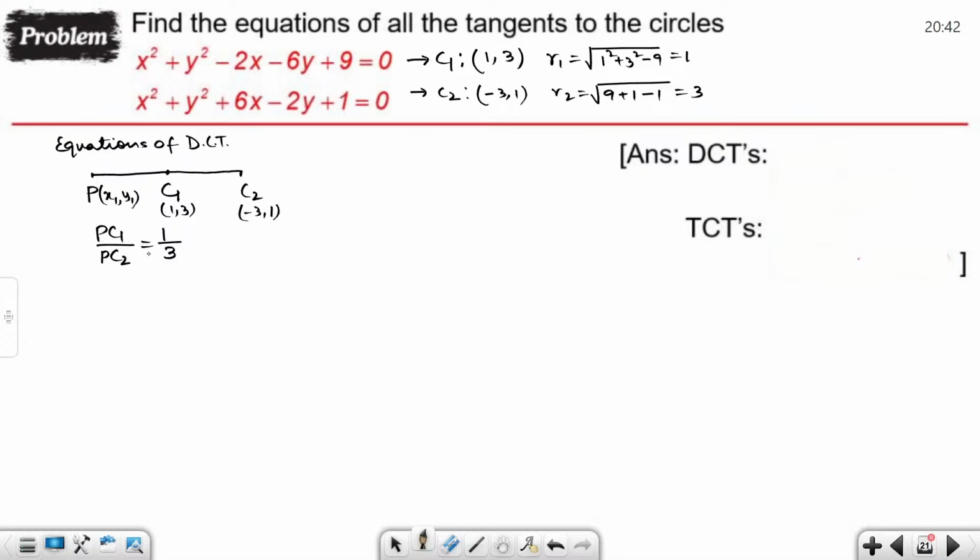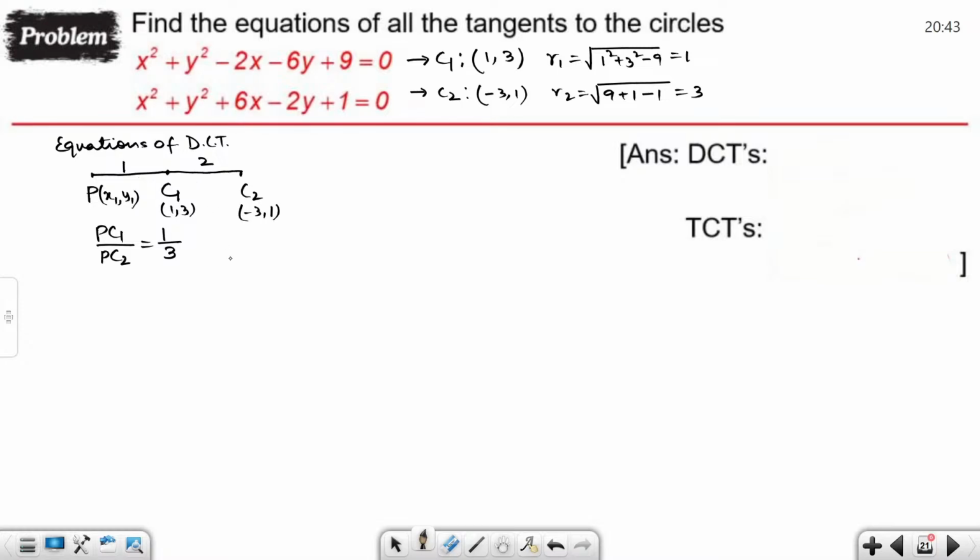You can use the section formula when the line is intersecting externally, or you can do it this way: PC1 is 1 and PC2 is 3, so C1C2 is 2. So we can find out the coordinates of point P simply by assuming that C1 divides PC2 in the ratio 1:2. This way also you can do. If you are not comfortable with the external division, you can do it by this method.